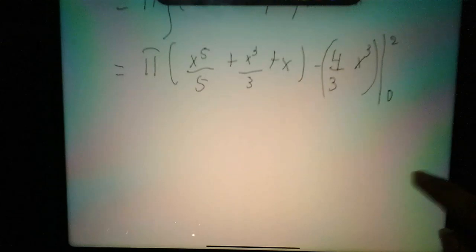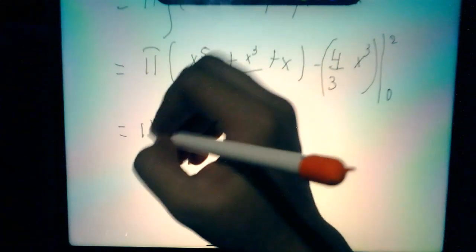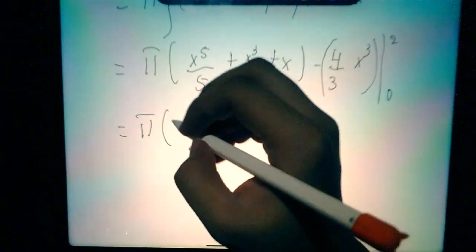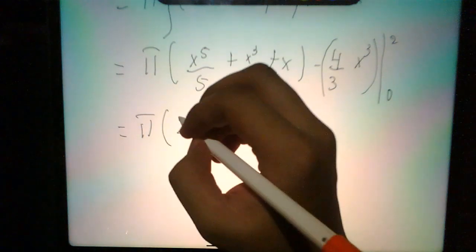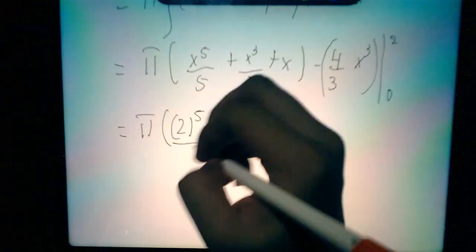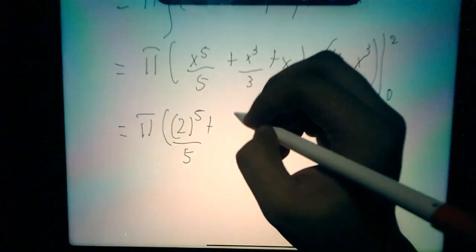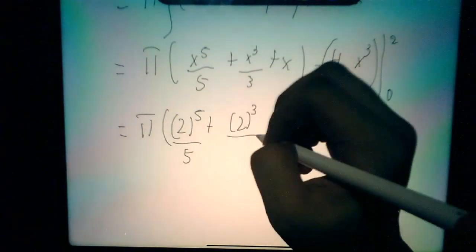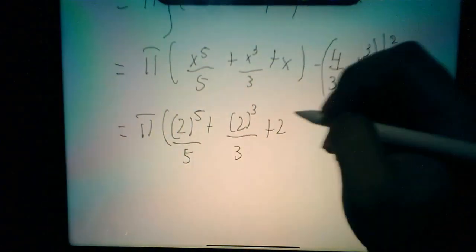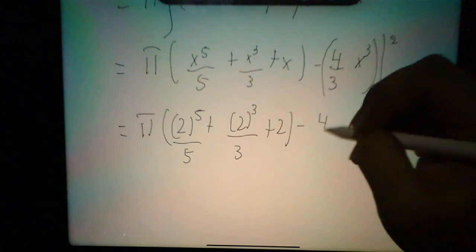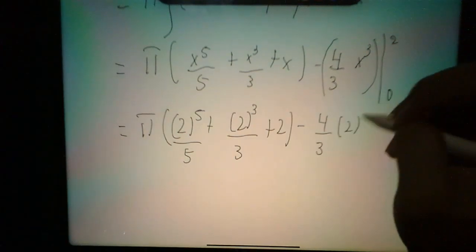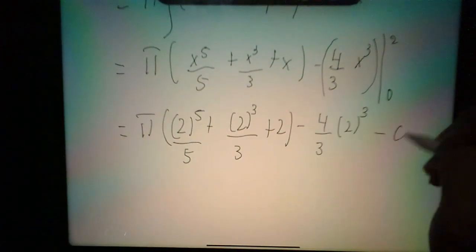So by substituting this, our answer will become pi times 2 raised to 5 over 5 plus 2 raised to 3 over 3 plus 2, minus 4/3 times 2 raised to 3, minus 0.